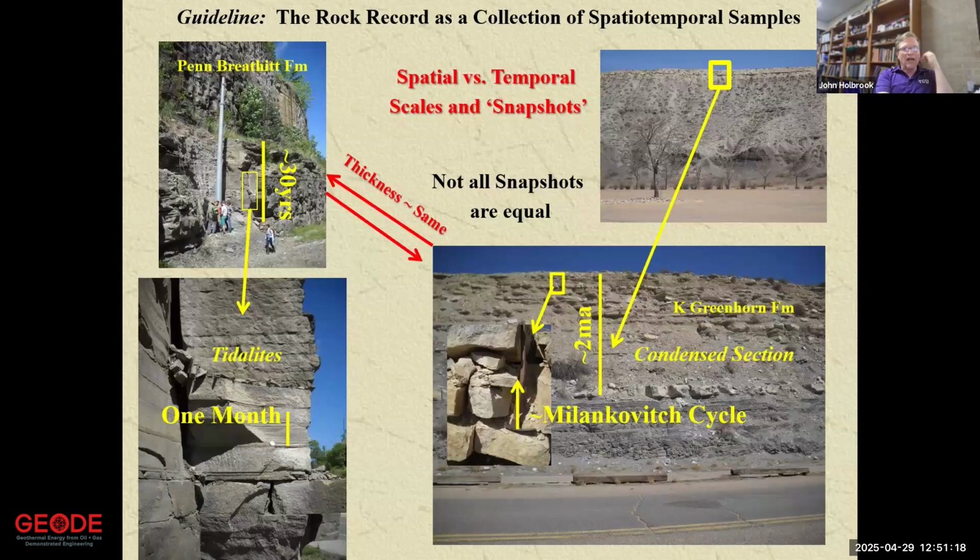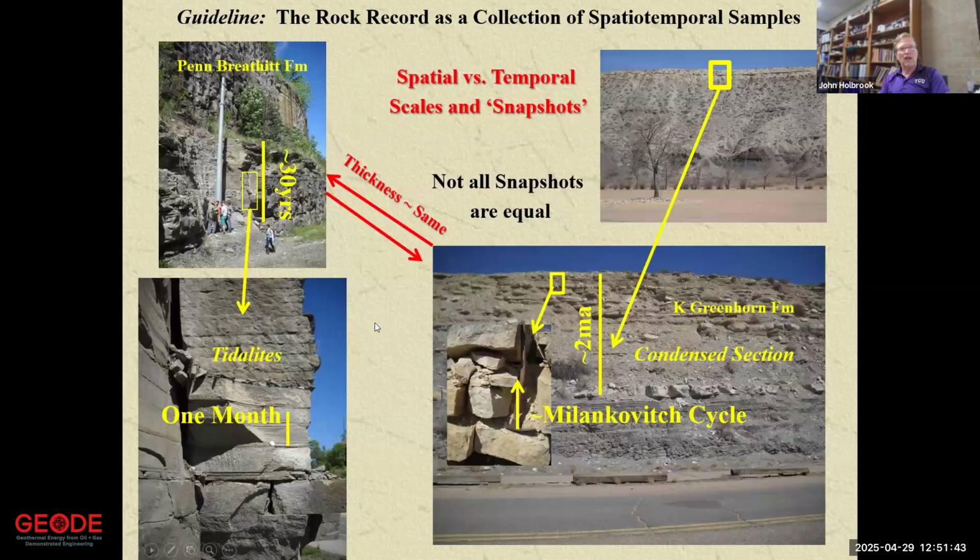Whereas over here on these tidalites, in these rather carbonaceous sands in the Pennsylvanian section, they're actually preserving individual laminations from daily tidal cycles. So your snapshots are not equal, but what you are getting in each case is some sampling of the past, not a complete representation of the past.